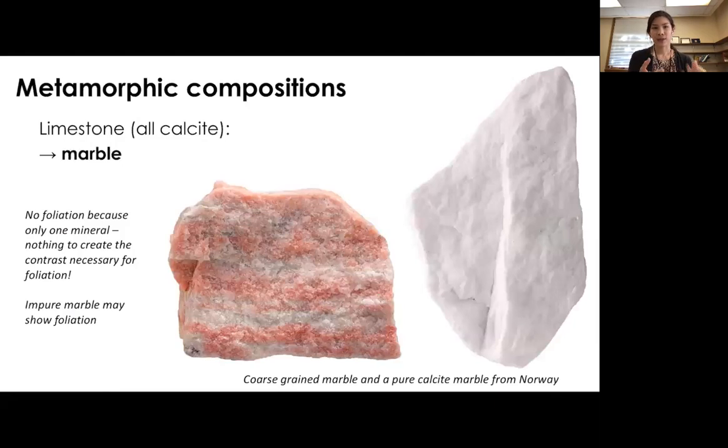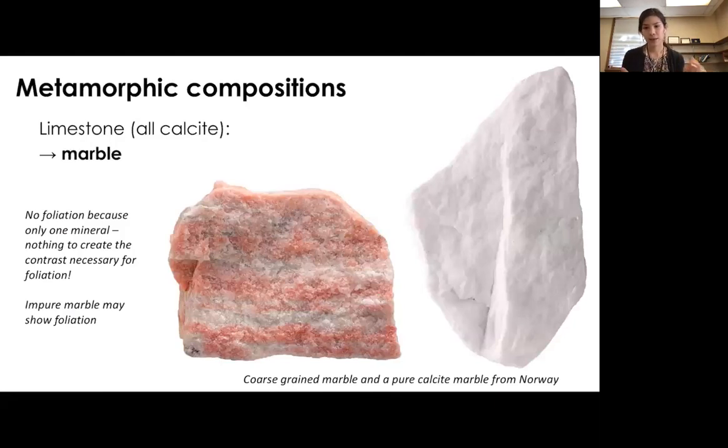And so it remains calcite under metamorphism. This means we can't get any compositional banding, and we also don't really get any foliation. However, we can get a change in the size of the calcite. So under increasing metamorphic conditions, the calcite within a marble may grow to be larger and larger grain sizes.